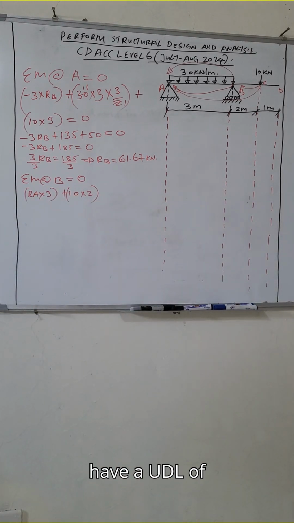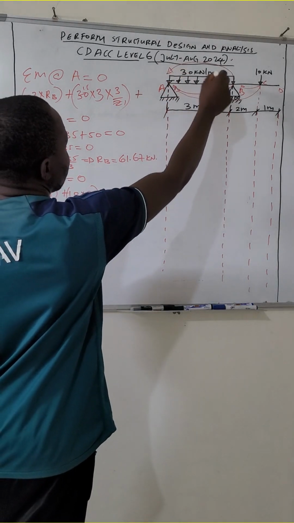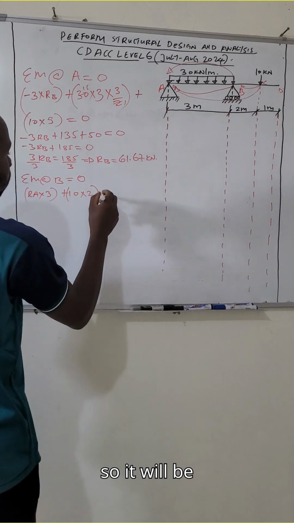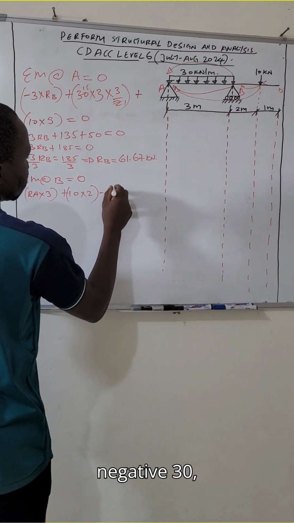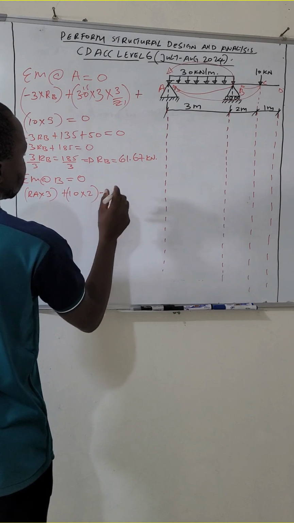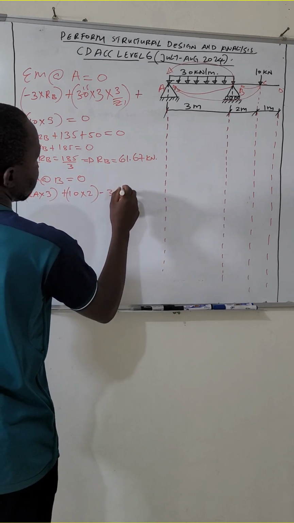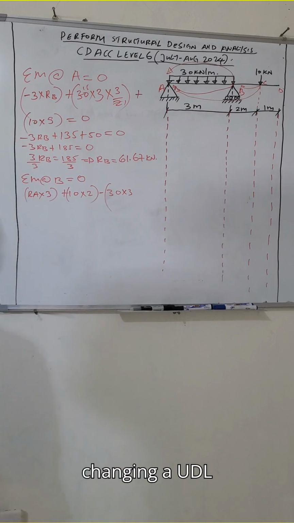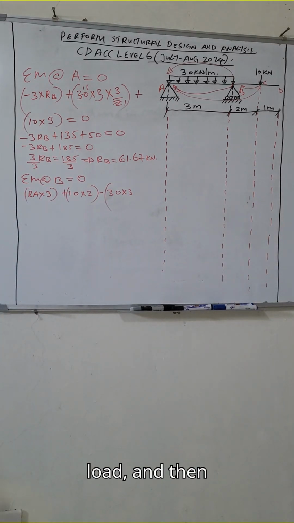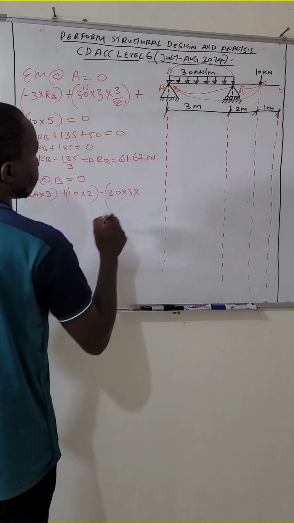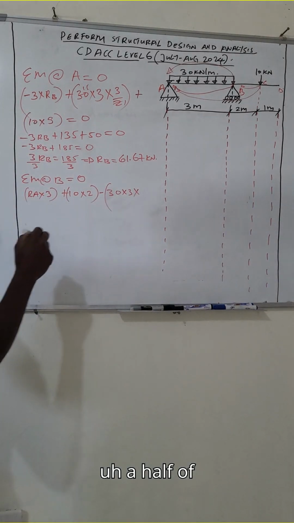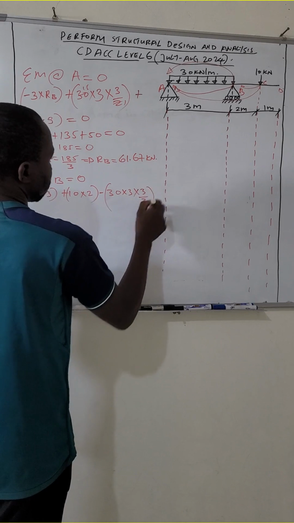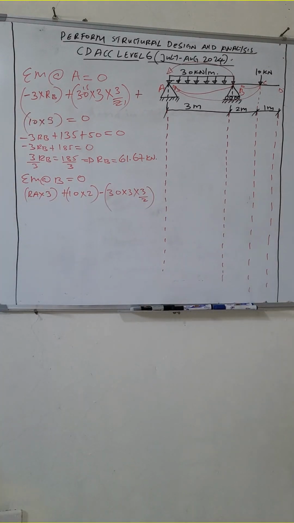Again, we have the UDL of 30 kilonewton. In which direction? Anti-clockwise. So it will be negative 30 times 3, we are changing the UDL to a point load, and then times a half of 3. We said that the bending moment for a UDL acts at the center of the beam.